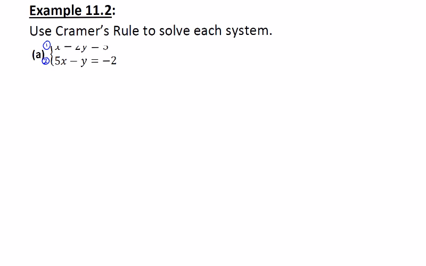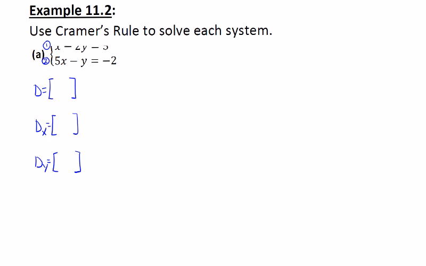So I need to set up three matrices, matrix D, a matrix Dx, and a matrix Dy. Always start with matrix D. That is the coefficient matrix, where the coefficients are coming directly from the first and second equation variables.